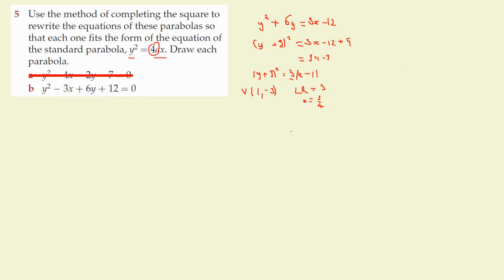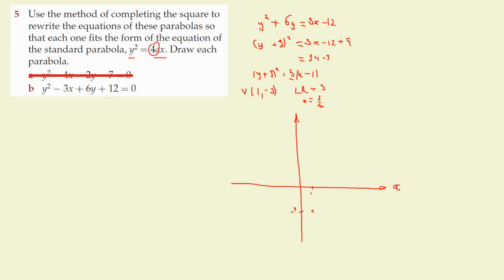This should give me enough to be able to sketch what the thing is going to look like. Okay, so let's start it out. We'll get our axes on, usual axes, and we've got to think now that we know where our vertex is. It's at the point 1 and minus 3. So let's make that a 1 and a minus 3. And that's where my vertex has moved to. Okay, I know my focal length is 3/4.